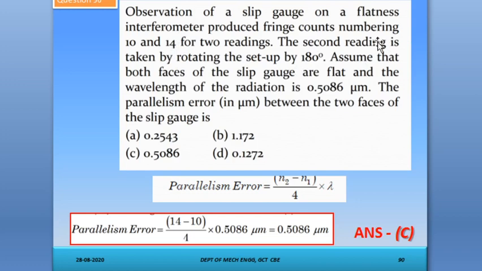Before rotating, the number of fringes N1 is 10. Therefore, (14 minus 10) divided by 4, into the lambda value, gives 0.5086 micron. So option C is the correct answer. The formula for finding the parallelism error is (N2 minus N1) divided by 4, into lambda.